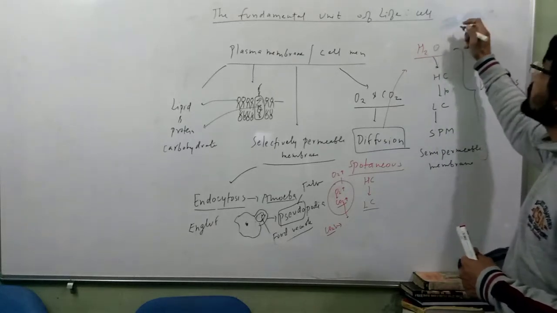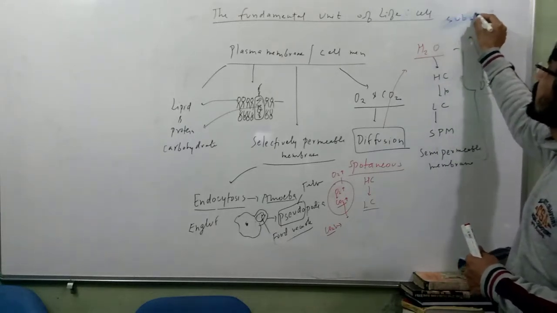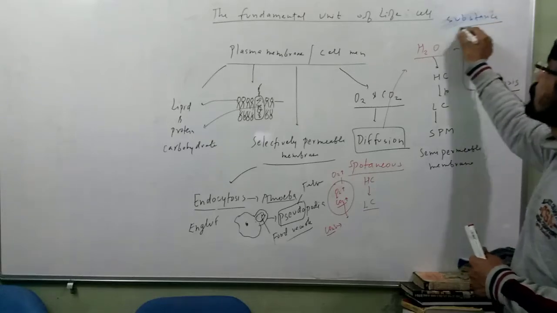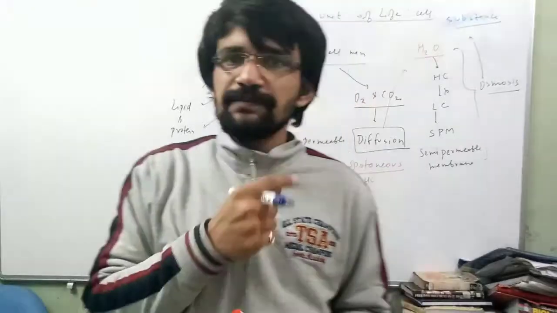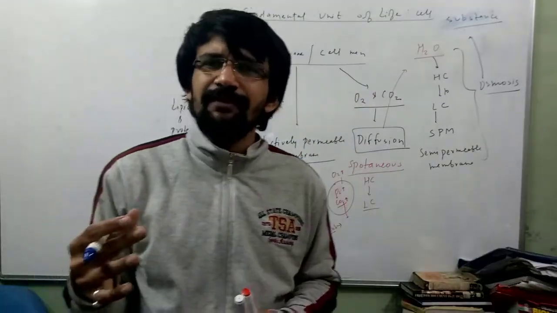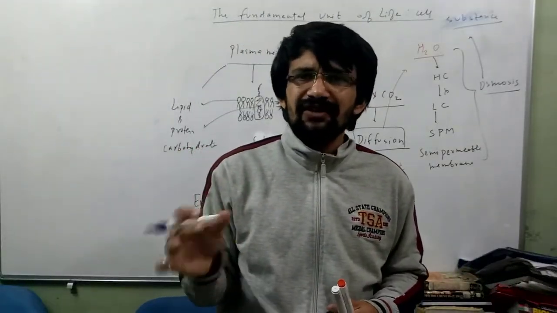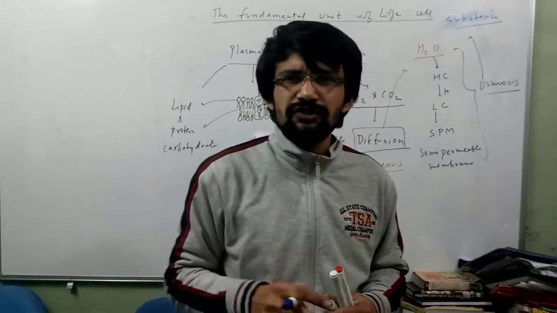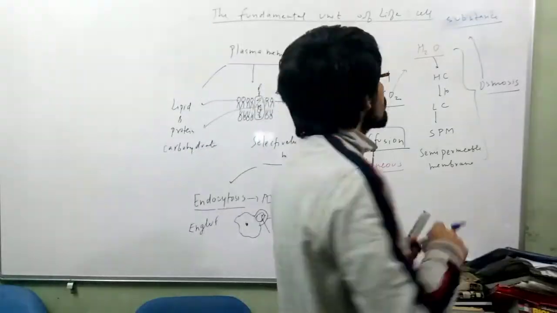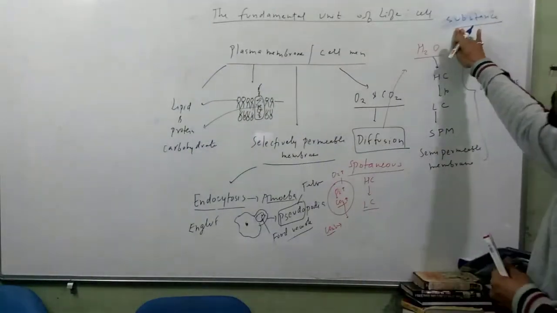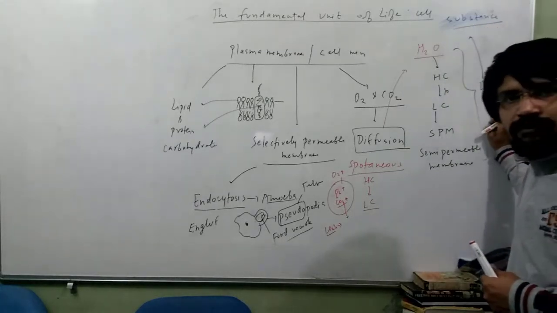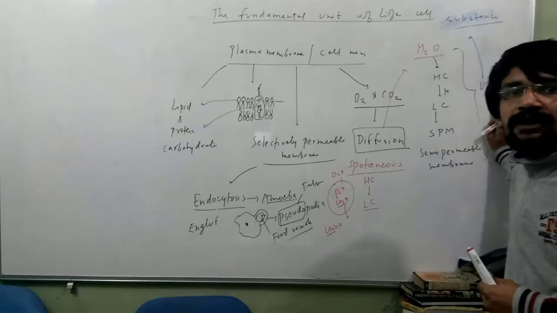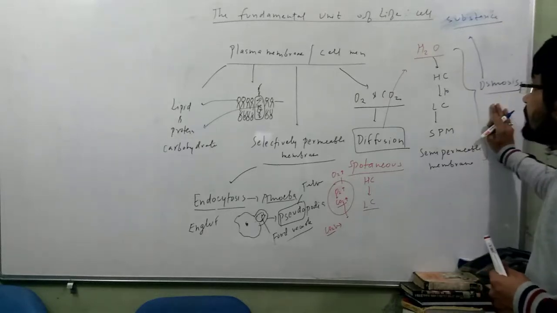Let it be the substance which is dissolved, the amount of substance which is dissolved in water. I will explain why I have rubbed out the solute and the concept behind that soon in this video itself.